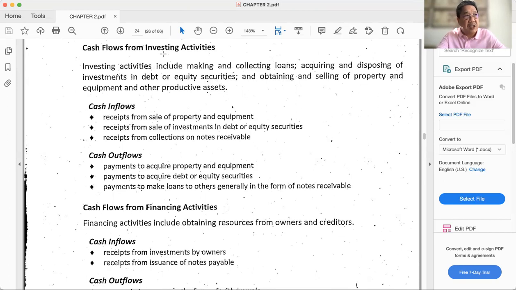Ano naman ang cash outflow sa investing activities? Bumili ka ng lupa. Bumili ka ng securities like bonds. Or in-invest mo yung sobra mong pera. To make loans to others, generally in the form of notes receivable. Or nagpautang ka sa iba. Investing yon.